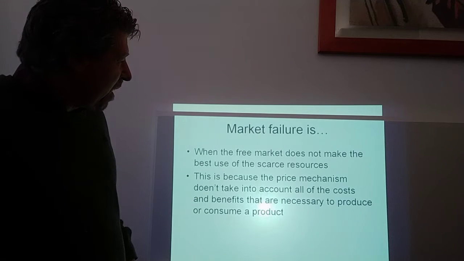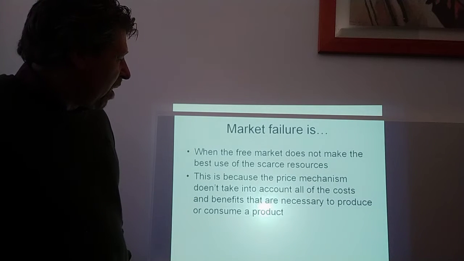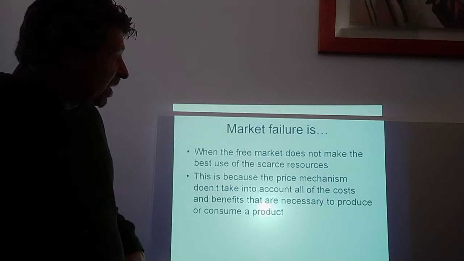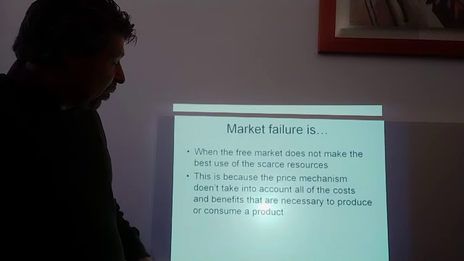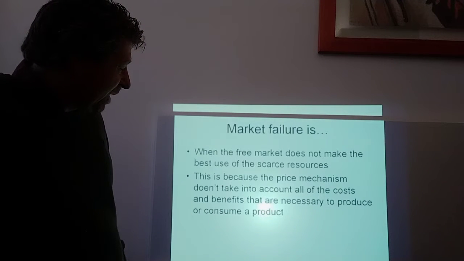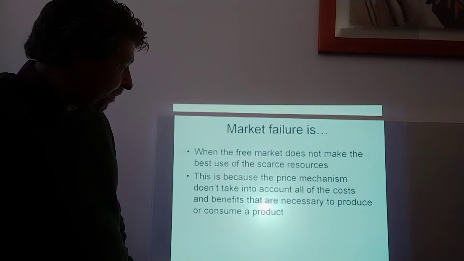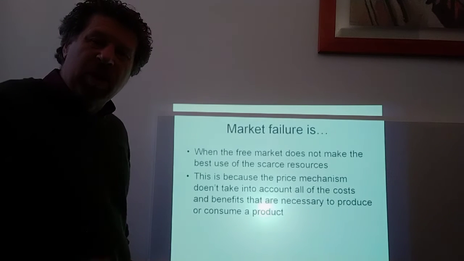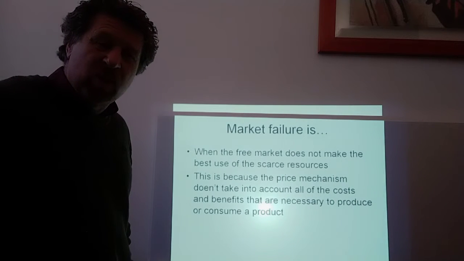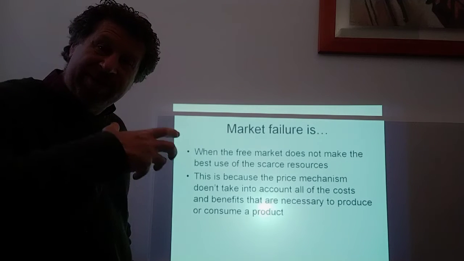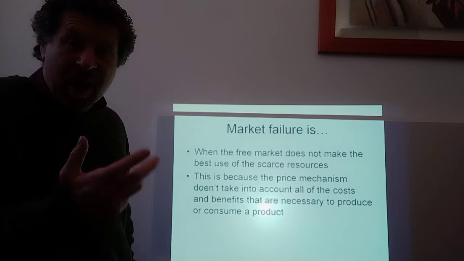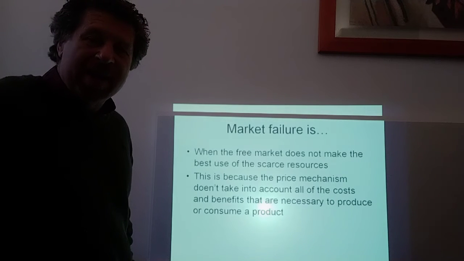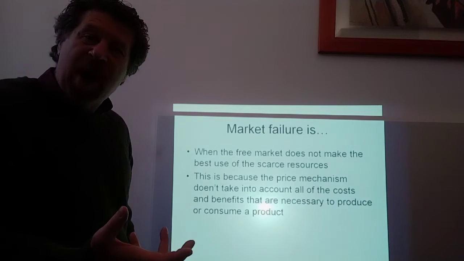Why isn't it making the best use of resources? Because in the price mechanism, it's not taking into account the costs and benefits that are necessary to produce or consume a product. So not all the costs and benefits are considered. We know there are negative and positive externalities that aren't being considered by those suppliers.